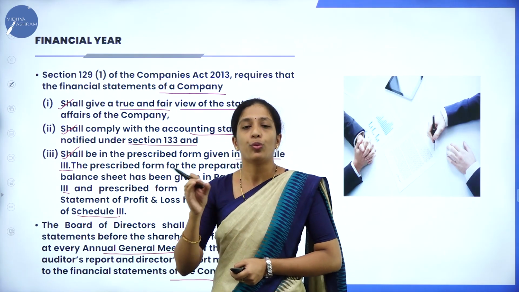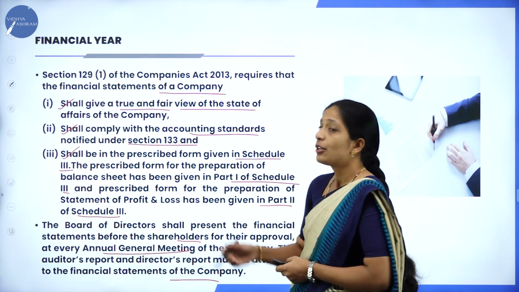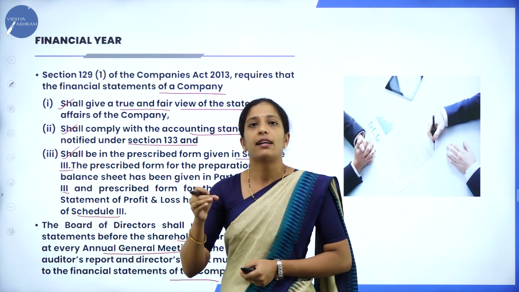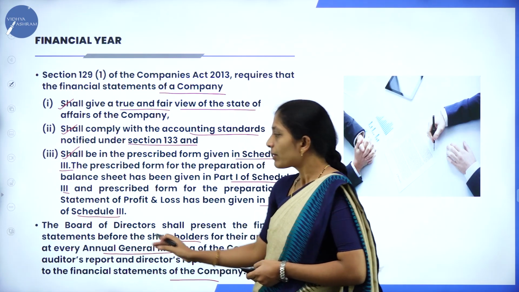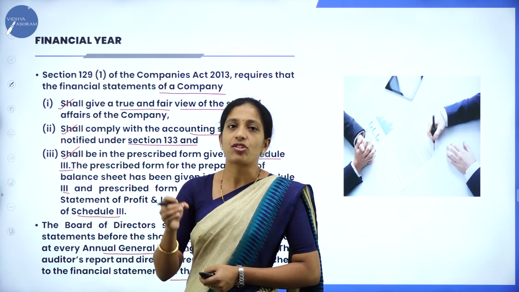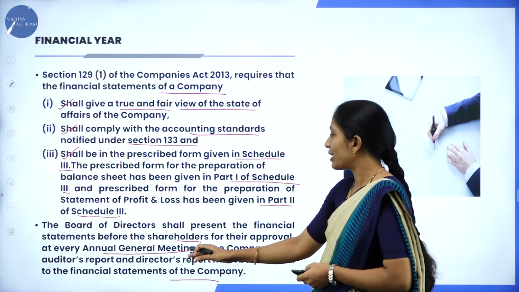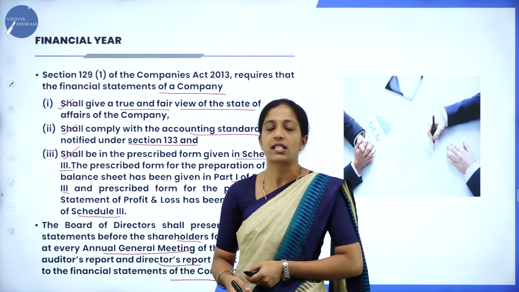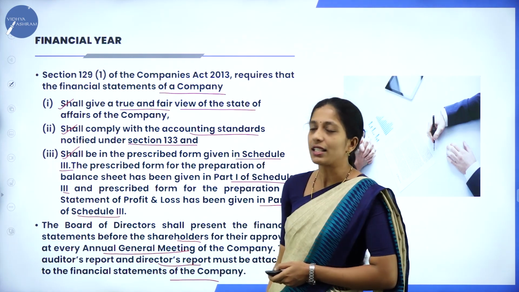Schedule 3, Part 1 of the Companies Act should be the balance sheet and Part 2 of Schedule 3 should be the statement of profit or loss. And next it tells us the Board of Directors should present the financial statement to the shareholders in the annual general meeting, and along with that the auditor's report and director's report should also be attached to the financial statement of the company in the annual general meeting. So these are the certain conditions.